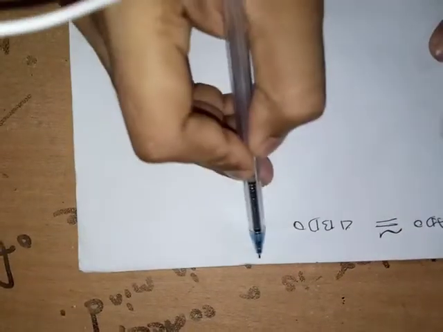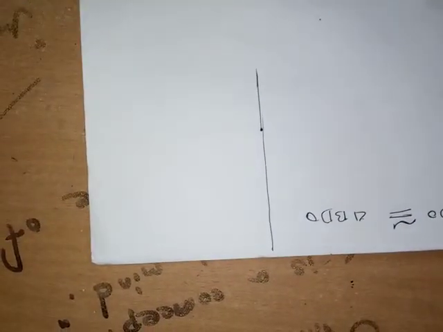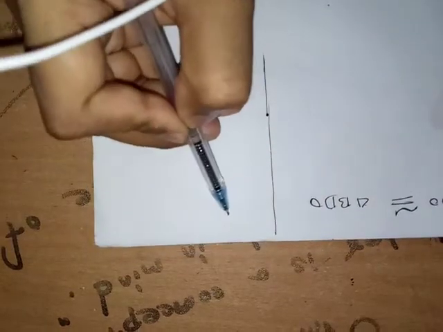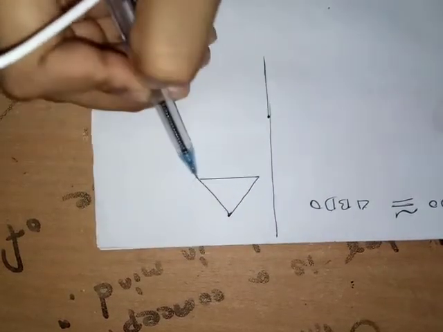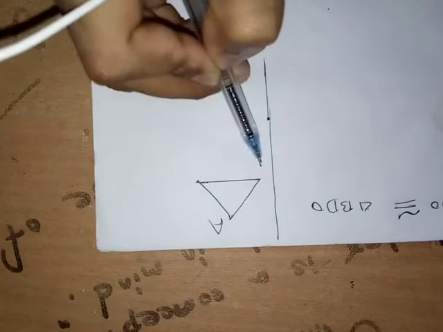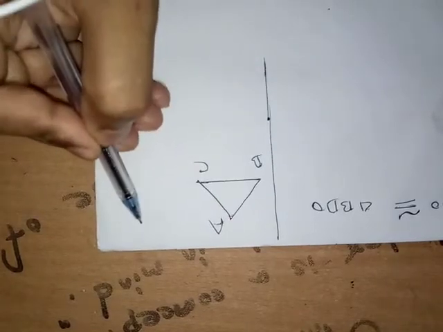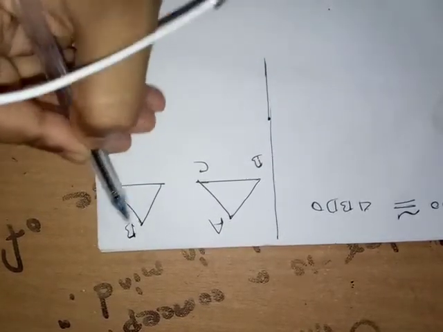Well, let me show you what congruence means in this part. Let we have two triangles, one is ABC, another is DEF.